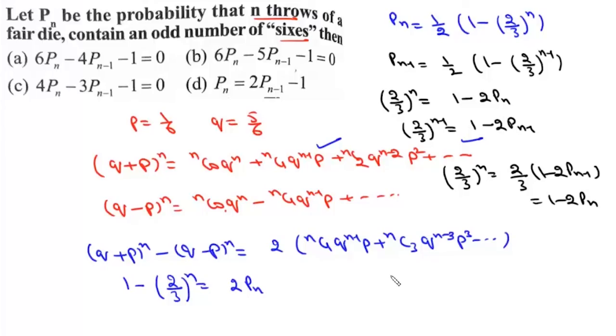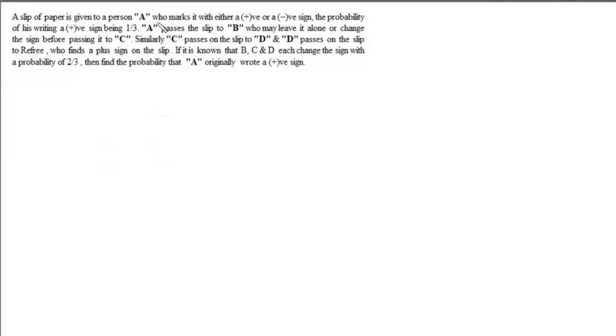Now if we cross multiply, we can write 2 minus 4 pn minus 1 will be equal to 3 minus 6 pn, or we can write 6 pn minus 4 pn minus 1 minus 1 equals 0, and that's your option A.